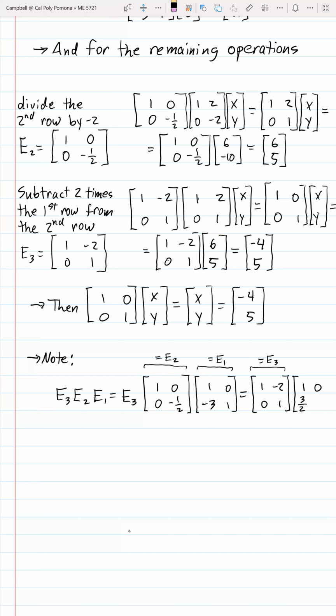And then we get negative 1/2 times 1 is just negative 1/2. And there we go. So that's the product of E2 times E1. So now multiplying through by E3, what do we get?